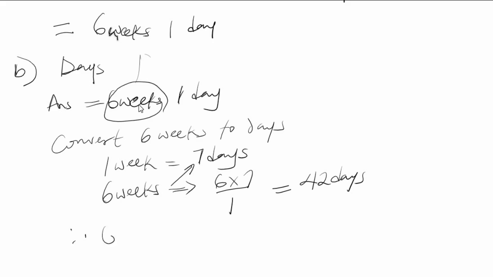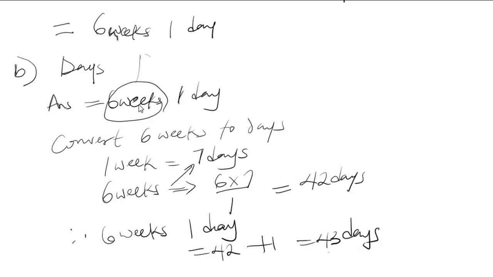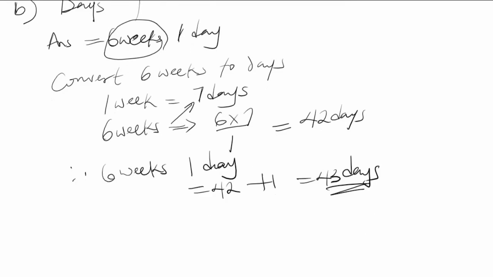Therefore, 6 weeks, 1 day would be 42 plus 1, which is 43 days. That is the answer in days alone. Hope you guys are following.